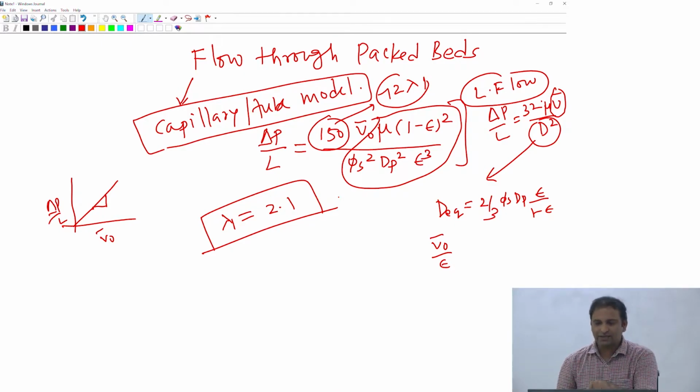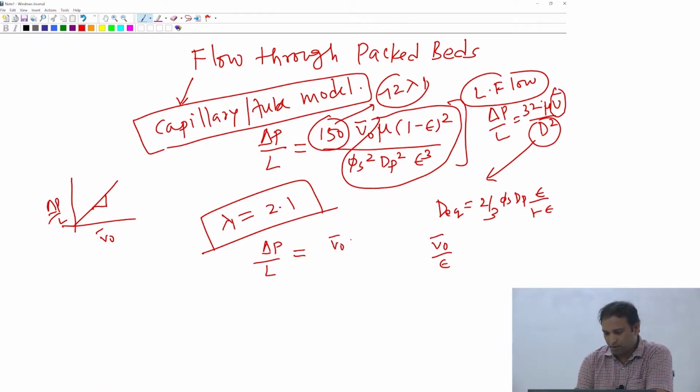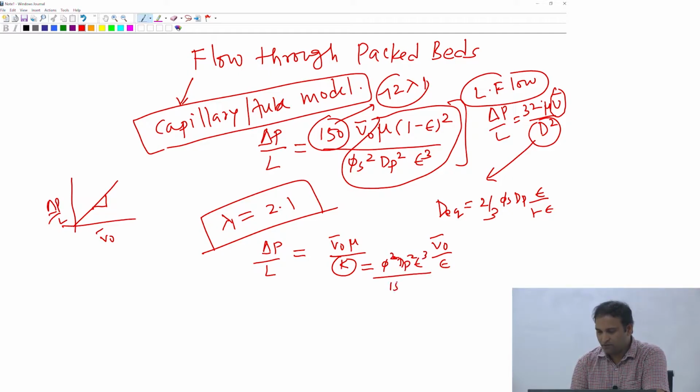Now I can actually recast this equation into something like this: delta P by L is equal to V naught bar and mu at the top, and at the bottom you can write K, and K would be phi s square into dp square into epsilon cube divided by 150 into (1 minus epsilon) whole square, right?